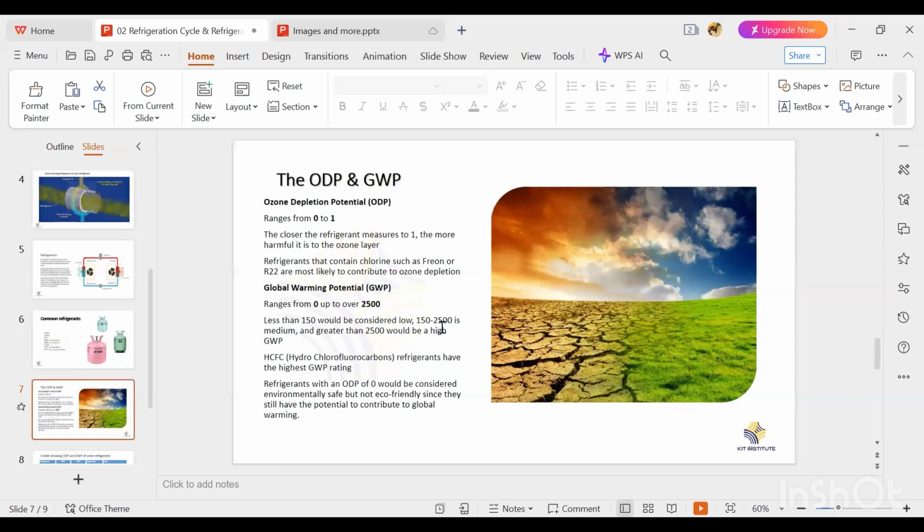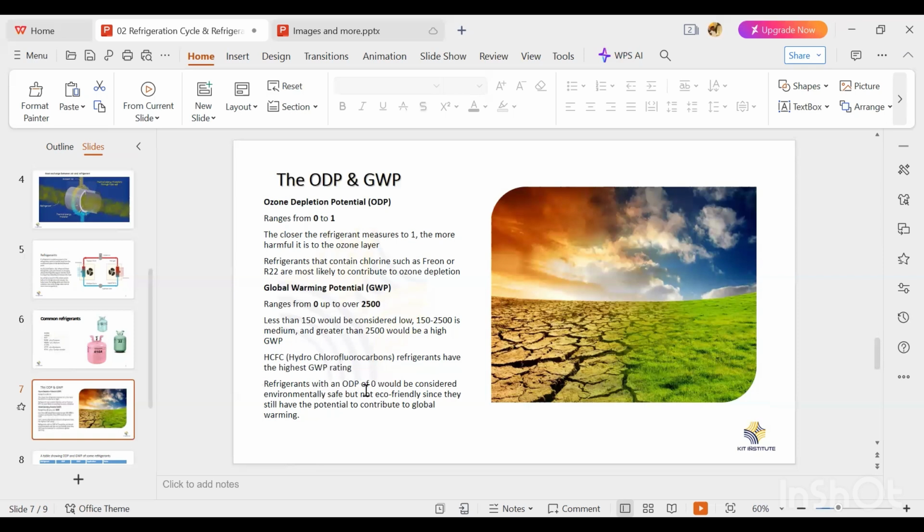Between 150 and 2,500 is medium, and greater than 2,500 would be a high GWP. HCFC, or hydrochlorofluorocarbon refrigerants, have the highest GWP. So refrigerants that are named as HCFC have a very high GWP rating.